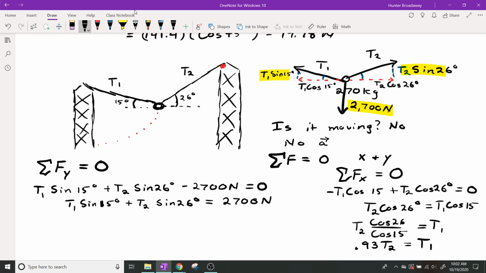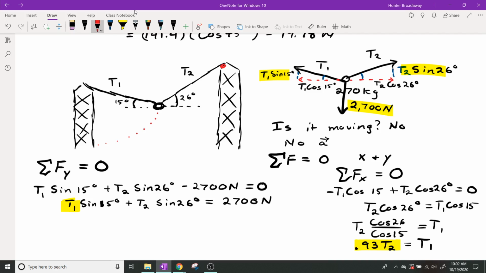Okay, that's reasonable. So now, everywhere that I see a T1, I'm going to put in 0.93 T2.